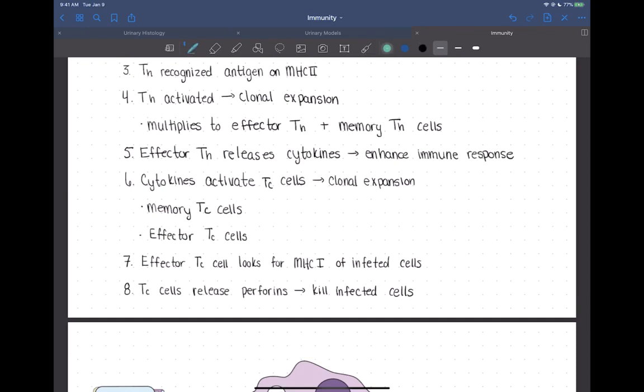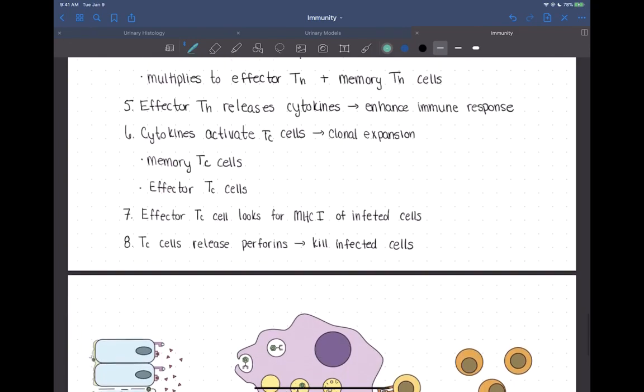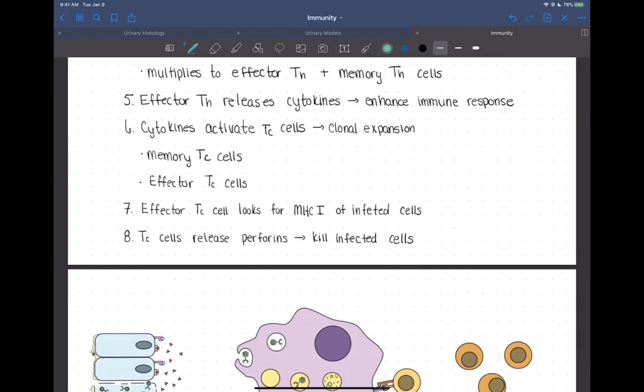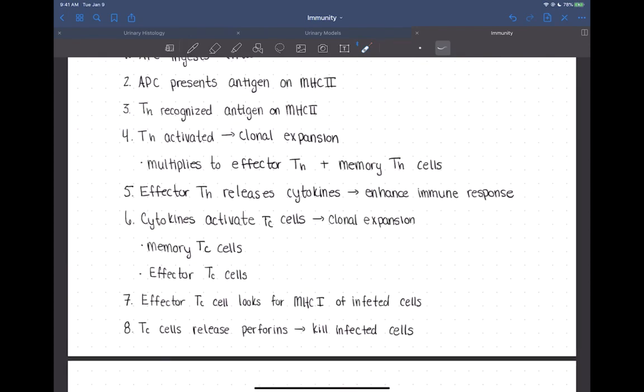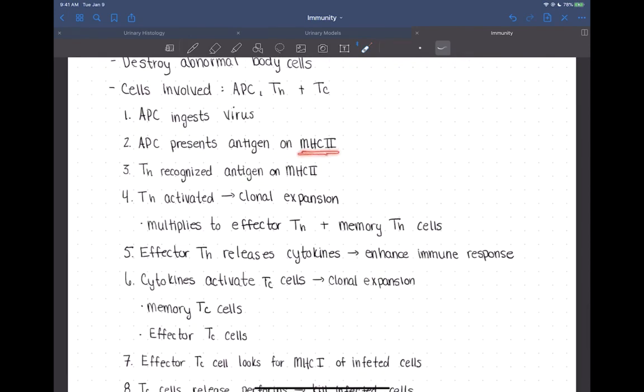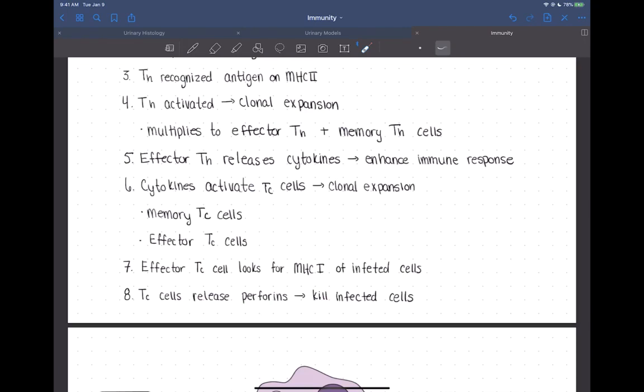Those effector T cytotoxic cells are going to go and search the body cells for MHC1s that say that they're infected with the same antigen that was presented by this MHC2, right? So they're going to try to match that wanted poster on the MHC2 to an infected cell's MHC1.